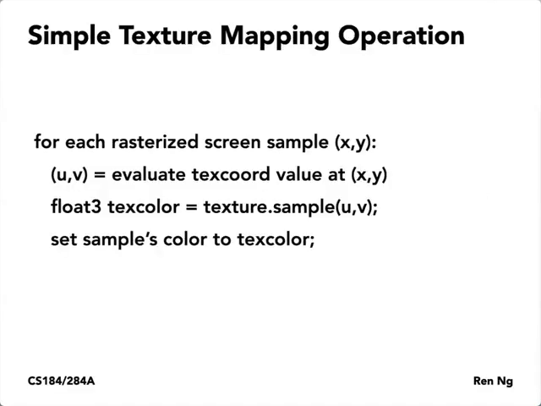Last time I wrapped up by observing that applying textures is sampling. I showed you this slide, which described exactly how that works. For every screen space sample XY, we figure out the UV coordinates in a texture image corresponding to that screen sample location. We then look at the texture image at those UV coordinates.